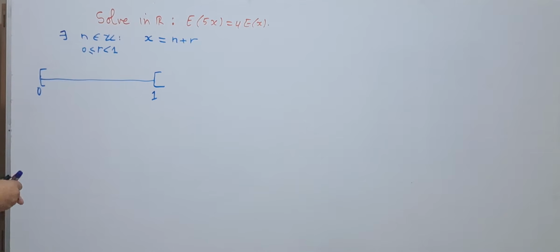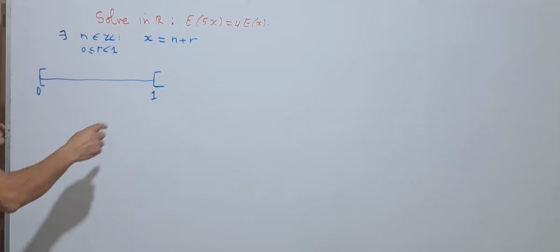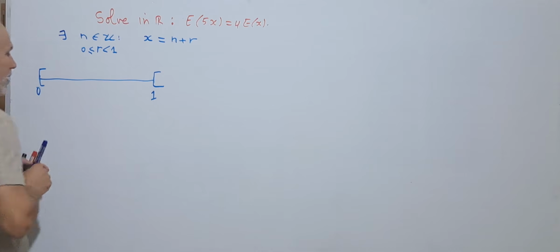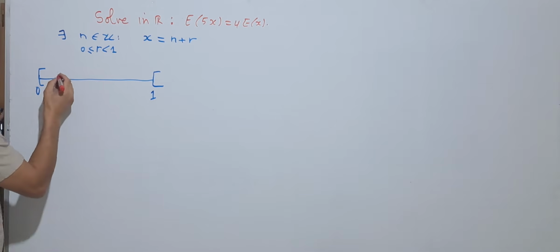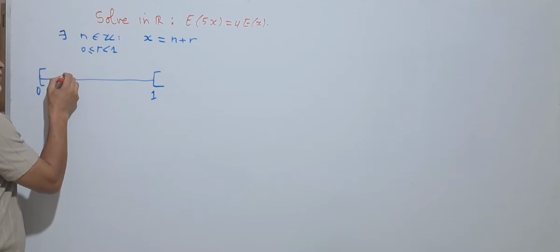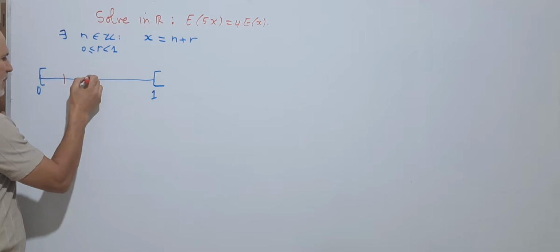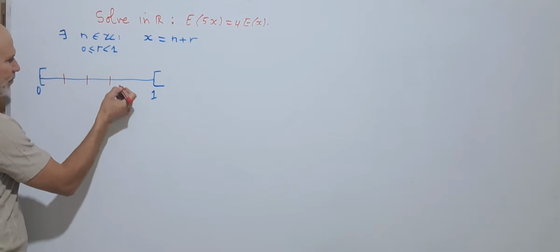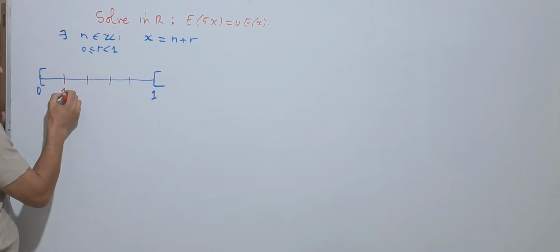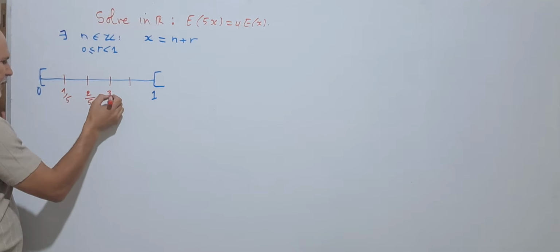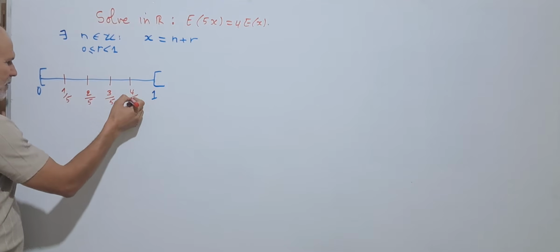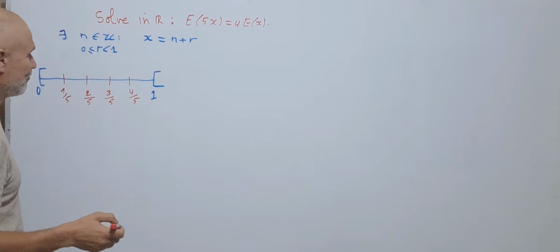Since here we have 5x, this is the trick. We will divide this into 5 remarkable sub-intervals: 1 over 5, 2 over 5, 3 over 5, and 4 over 5.